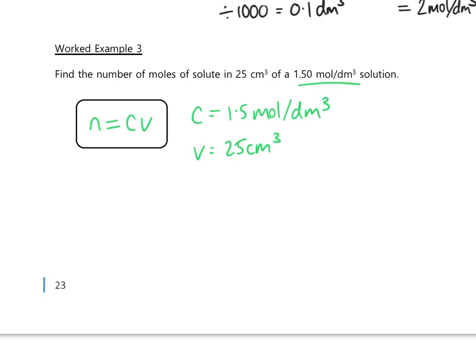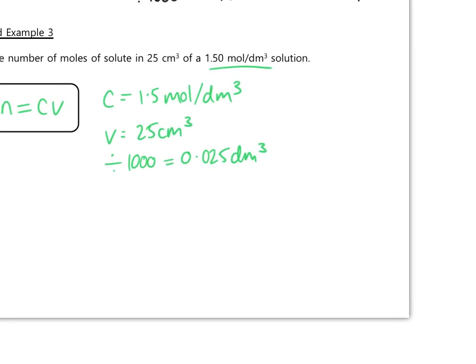How do I do that? Divide by 1,000 and you should get 0.025 decimetres cubed. Now it's time to put it into your equation. It's all ready to go. So N equals CV.